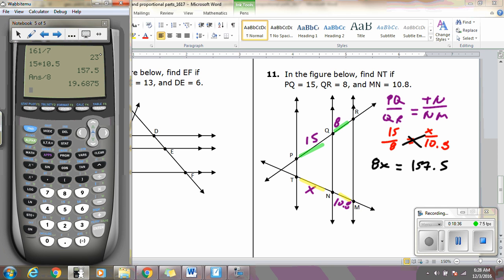Oh, it's 10.8. I'm so sorry. Rewind. 15 times 10.8 is 162, divided by 8 is 20.25.